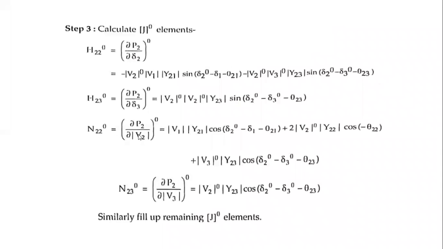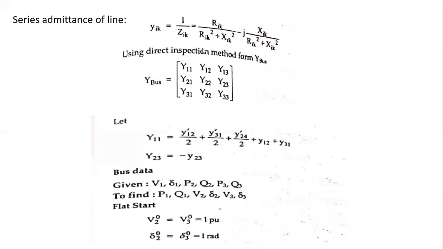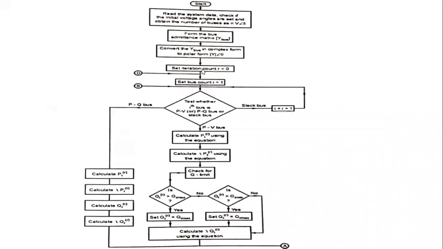This is the Y bus matrix, then convert these values to polar form, that is magnitude Y at an angle. Next, set the iteration count R equal to 0.